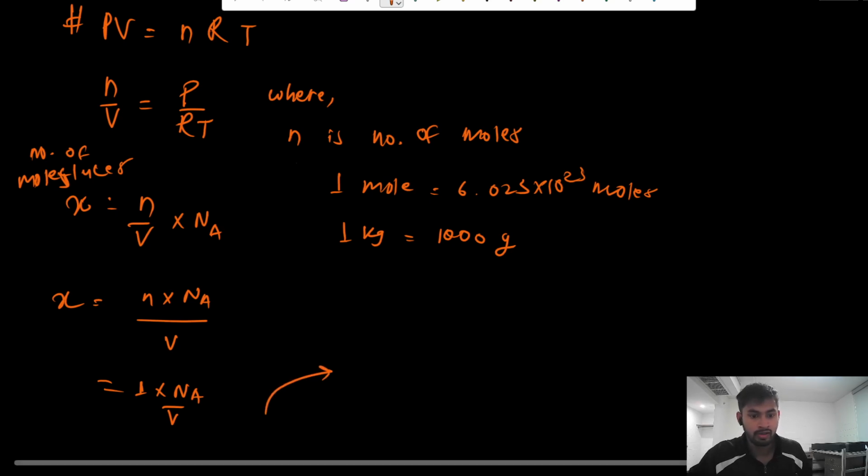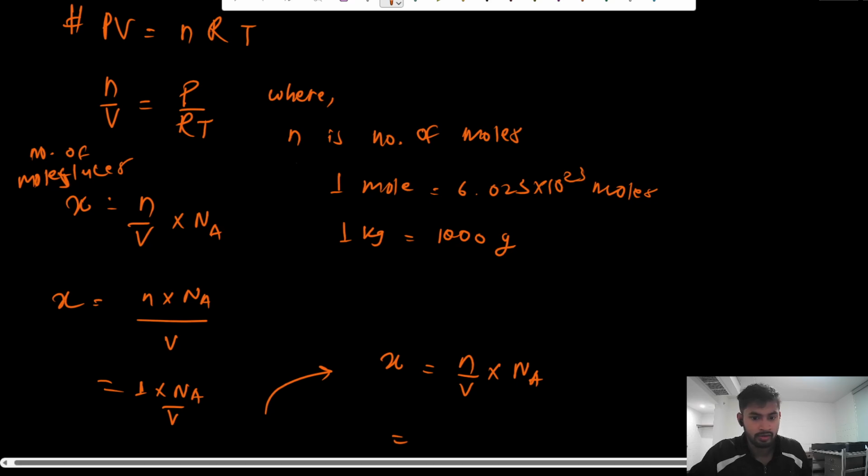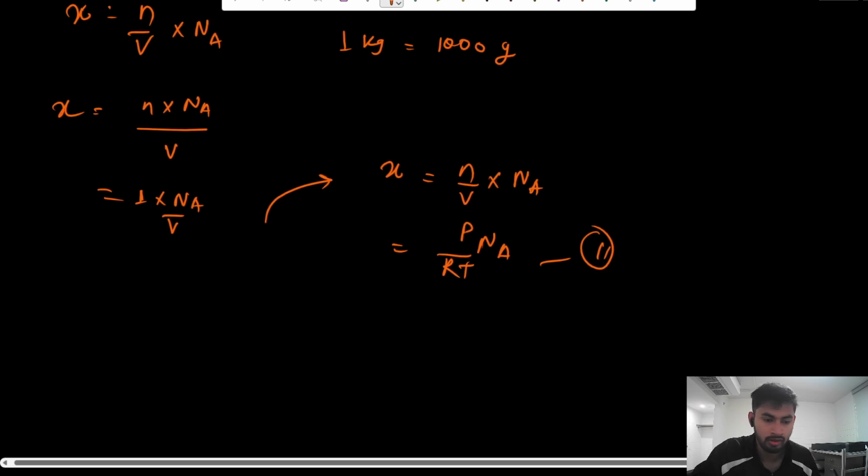And this equation itself would be x equals N by V times Na, which is P by RT times Na, which would be our second equation.